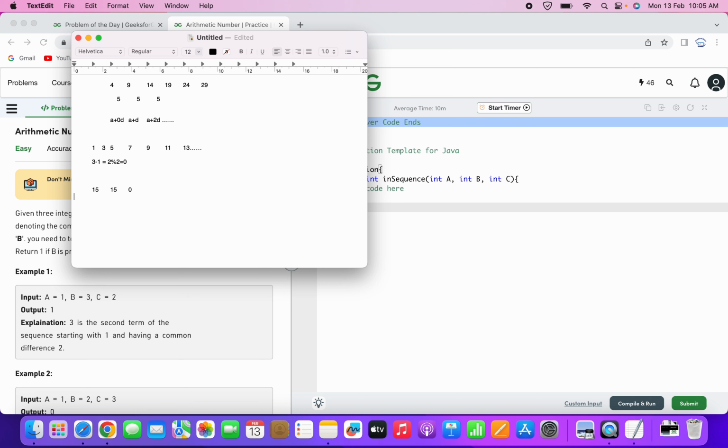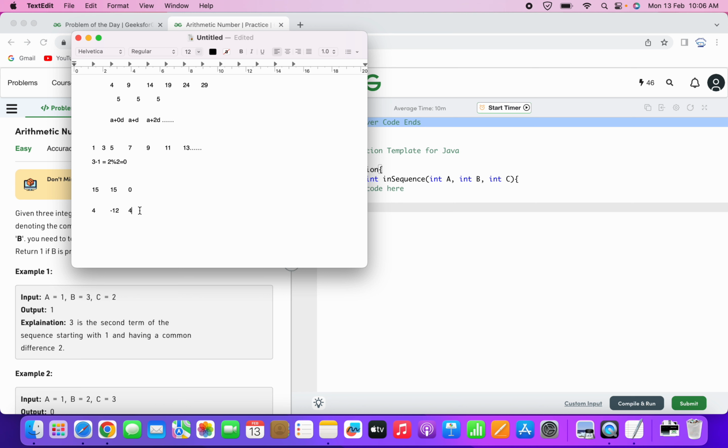Another scenario. Suppose a is 4, b is minus 12, and the common difference is 4. If you do b minus a, then it is minus 8.